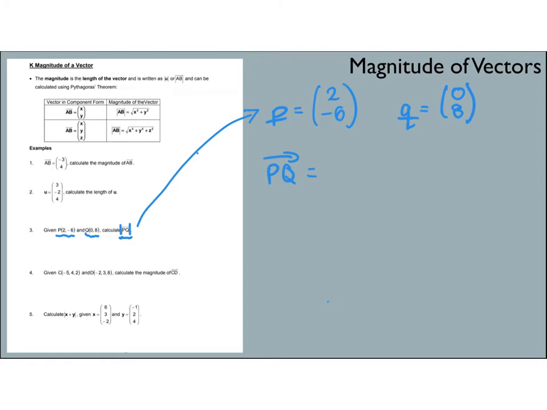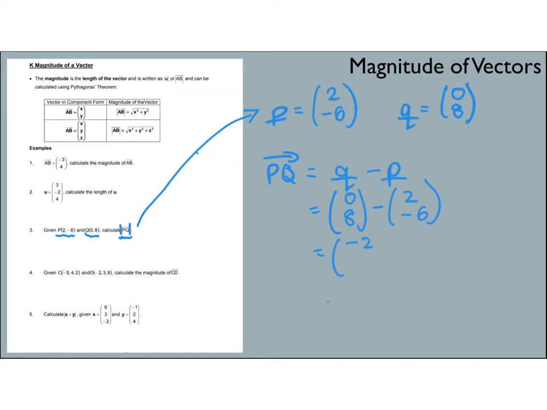To work out PQ, I have to do little q, take away little p. Q take away P: 0 take away 2.